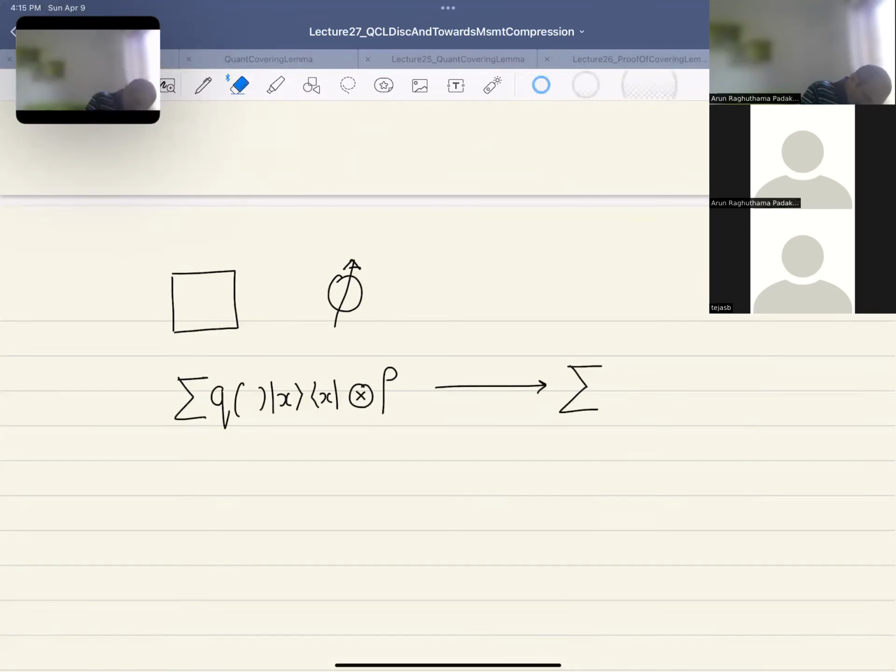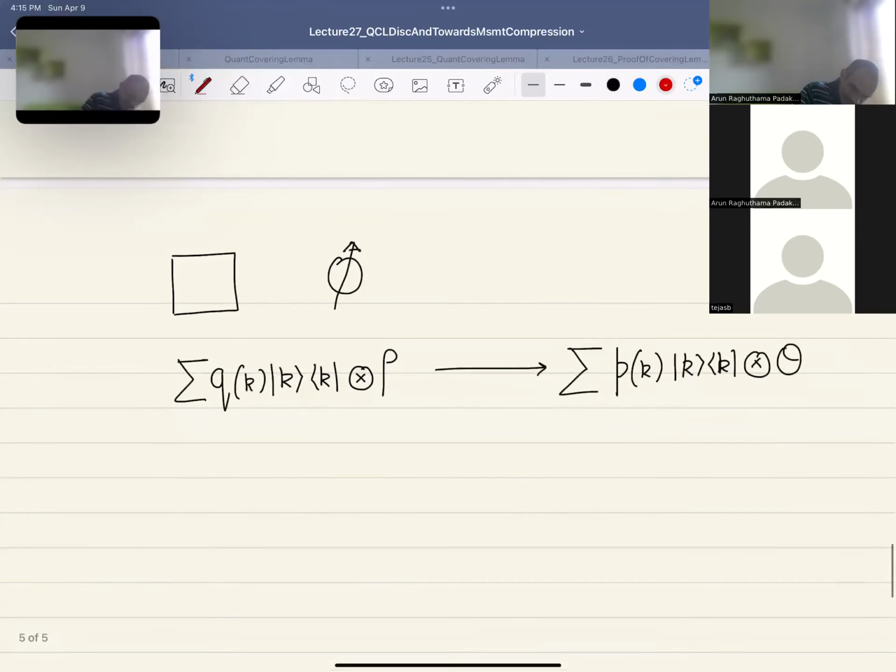When I do this measurement, there is a coupling built between the classical register and the quantum register, and I end up in this state. This is very important to understand. It's |k⟩⟨k| tensor theta k.